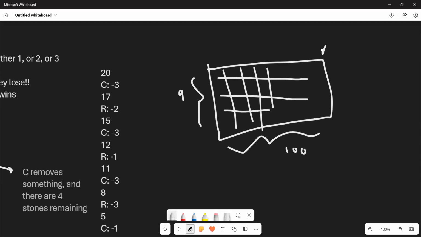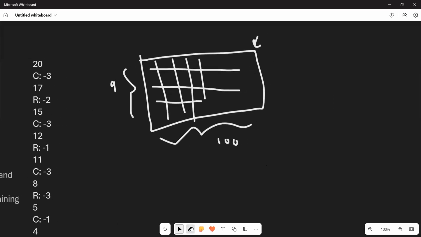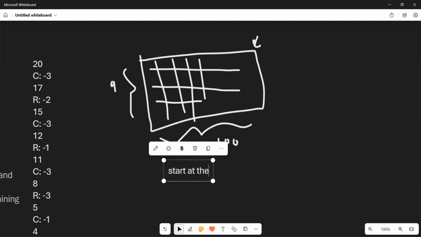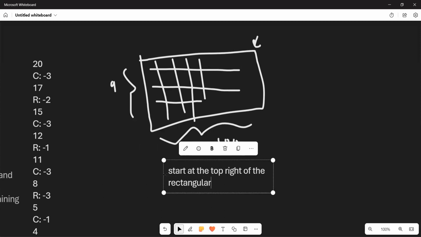You start here. And again, there are 2 players. So people who have already done all these things, please listen to this problem. So you start at the top right of the rectangular grid.